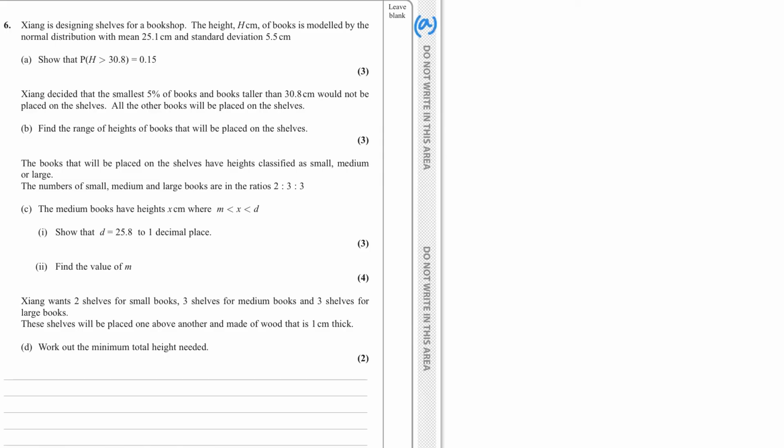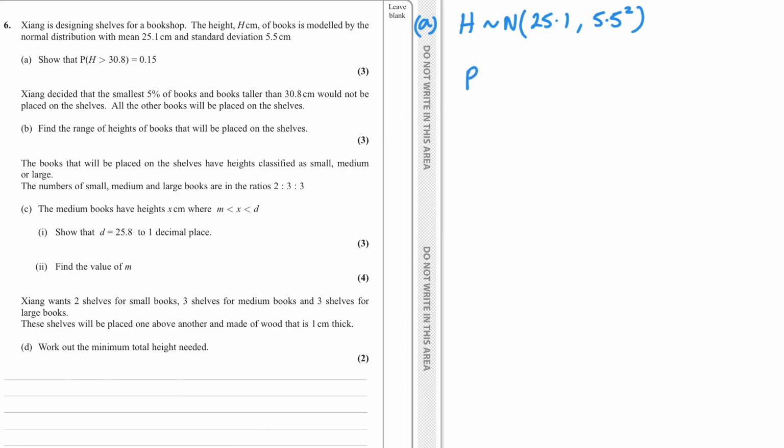So part A here, we've got a normal distribution, clearly looking at H for height, distributed normally, and then we have a mean of 25.1 and a standard deviation of 5.5. So obviously we use the variance in the question there.